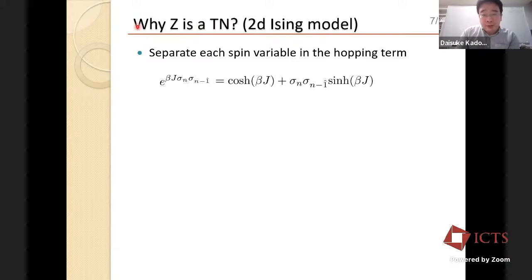Okay, and I said that the partition function is expressed as a tensor network. The reason why Z is expressed as a tensor network can be easily understood. In the case of the Ising model, the partition function Z is given by a product of this hopping term, and beta is the inverse temperature, and J is the coupling constant.